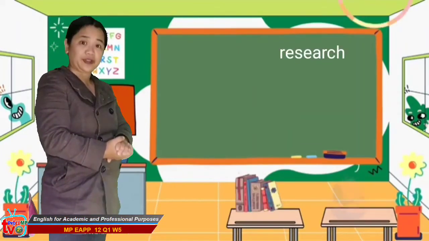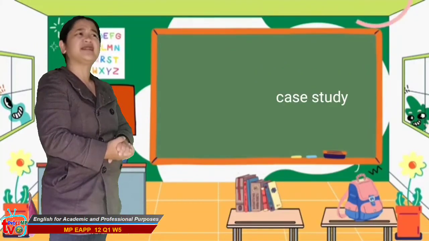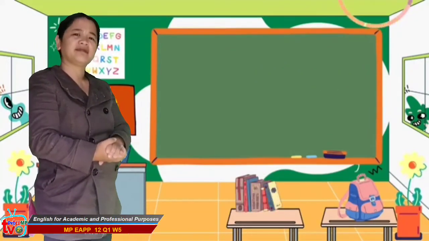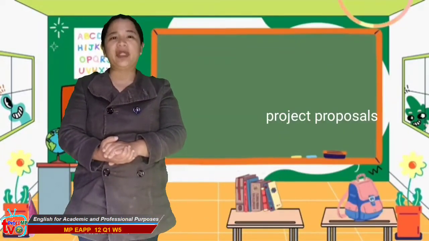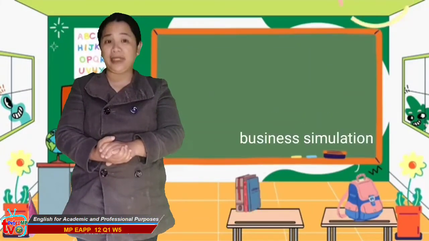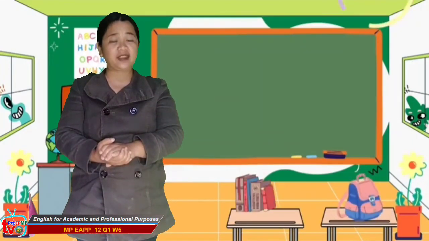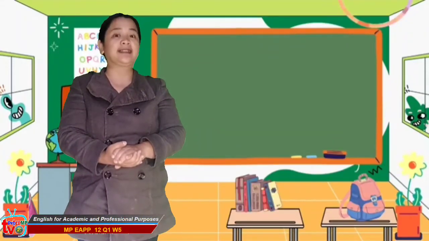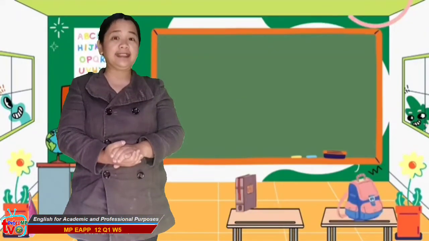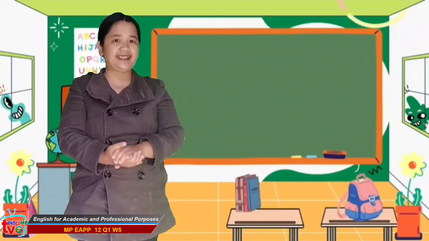In research, capstone project, case study, project proposal, business simulation, and even events or celebrations, the need to outline is suggested because this is an essential sketch of the flow of ideas.